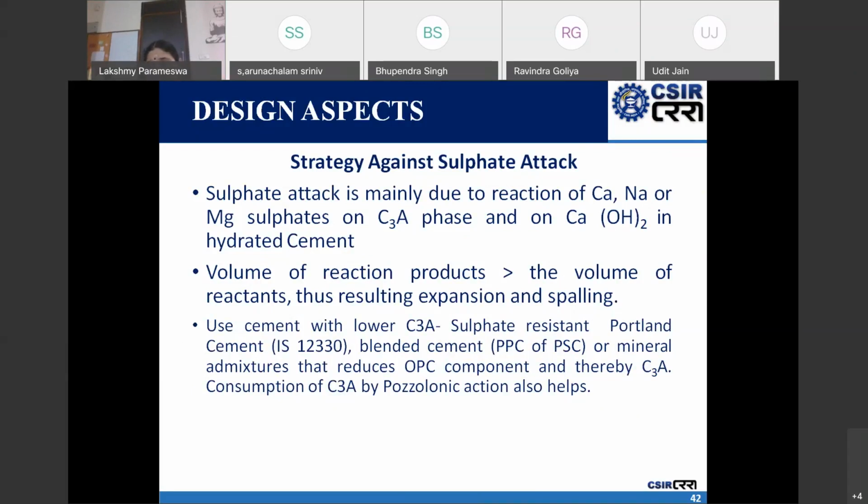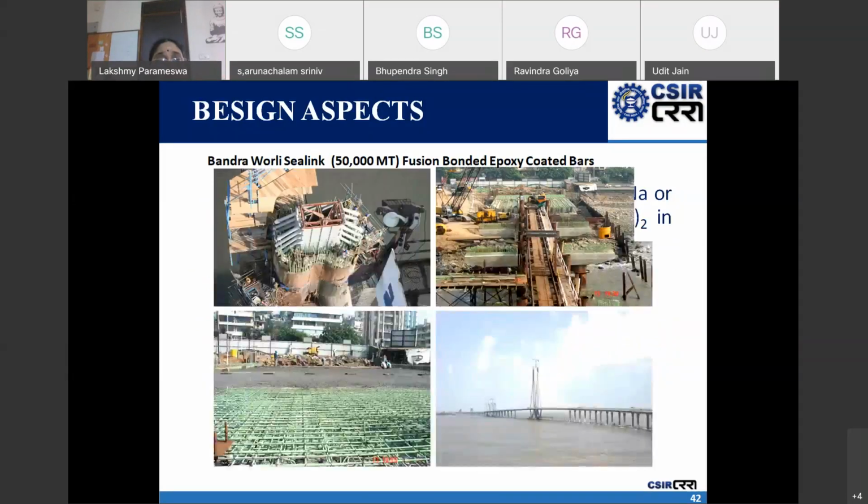So we have to pay attention prior to the design. We have to do the required testing of the material or the soil. Even if you have an abutment, the backfill material you are using, if it has a sulfate content, that can affect the abutment.